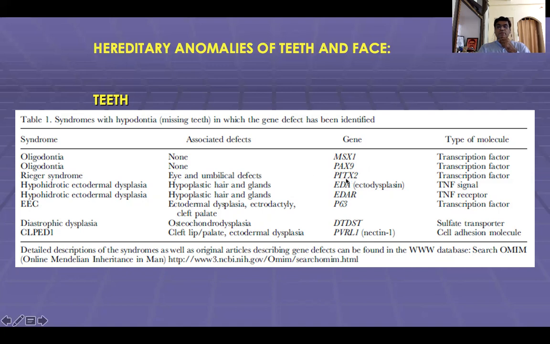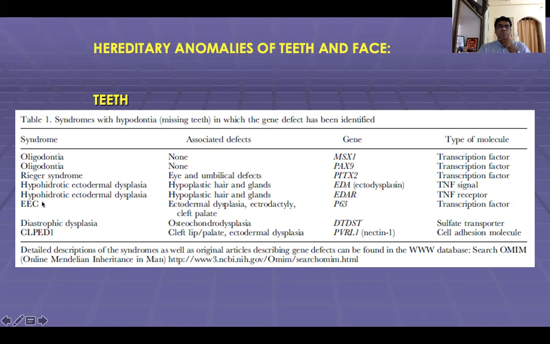Here PITX2 is the gene expressed, and transcription factor is there. Hypohidrotic ectodermal dysplasia, hypoplastic hair and glands are observed in this, and EDA, that is ectodysplasin, is the gene, and TNF signal is the type of molecule.